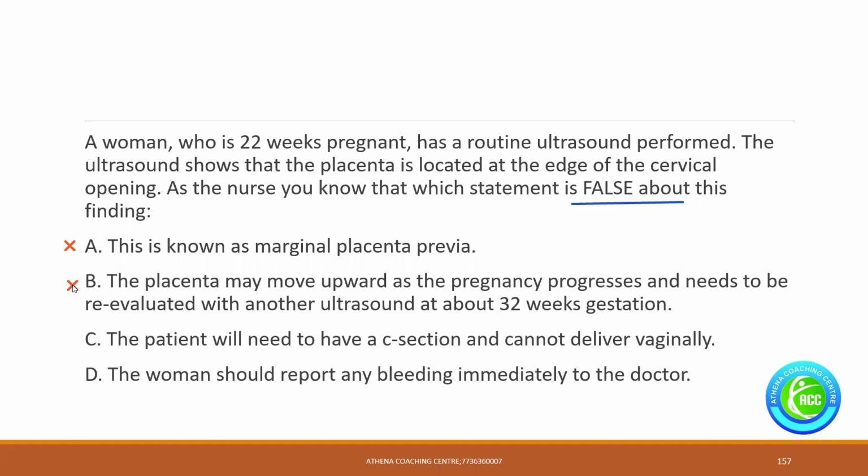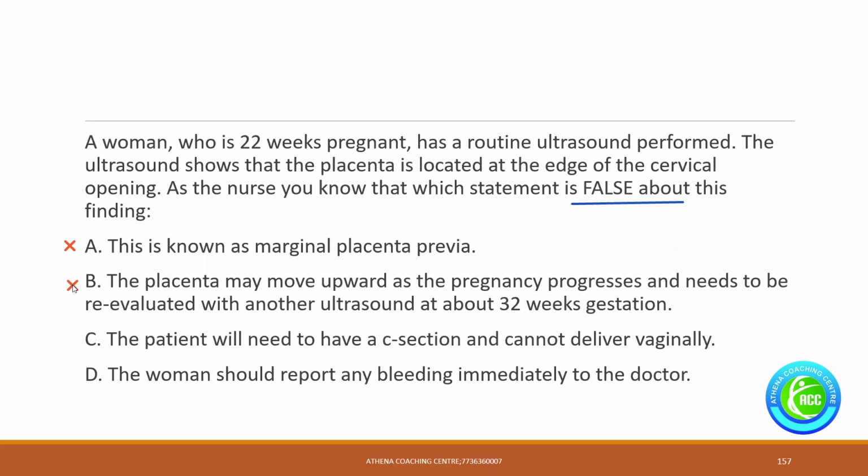C is the patient will need to have cesarean section, cannot deliver vaginally. Not mandatory. Basically, for placenta previa, it is not mandatory to only perform cesarean section. Even normal vaginal delivery is also possible.